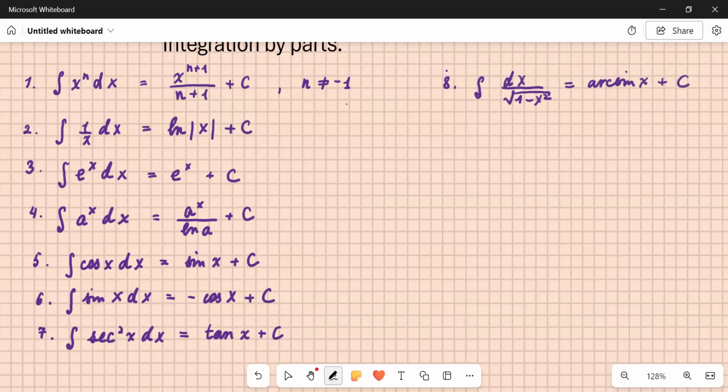Actually, when you differentiate arcsine, or sine inverse, you are going to get 1 over square root of 1 minus x squared. So obviously, that's going to give us the antiderivative. For arctangent, the derivative is 1 over 1 plus x squared, right? Which means that the integral of that function is going to be equal to arctangent.